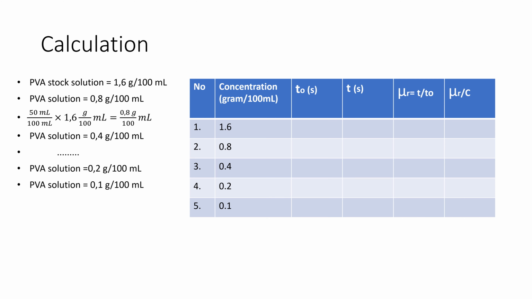But for the report, you don't have to calculate all of this volume. Ignore the volume calculation. And in the report, you calculate the mu r and the mu r over C, which you have to fulfill all of this table data.